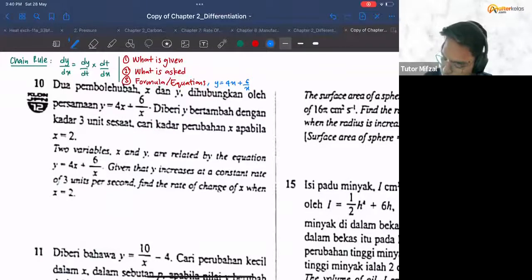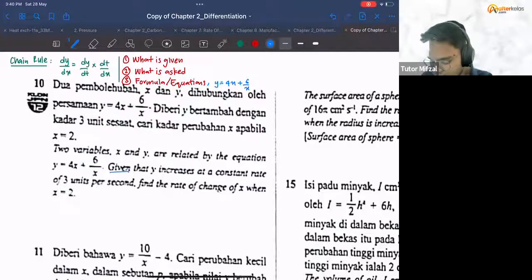Alamak, I don't like this 4x plus 6 over x. Never mind, 6 over x can use x to the power of negative 1. Negative 1 minus 1. Okay, sure. Can proceed.